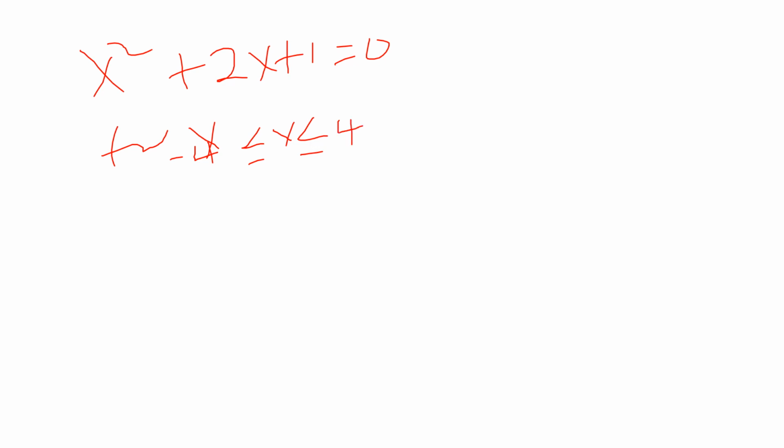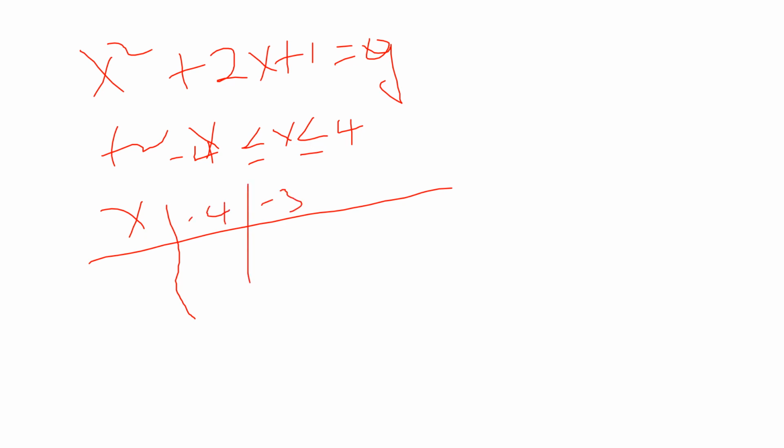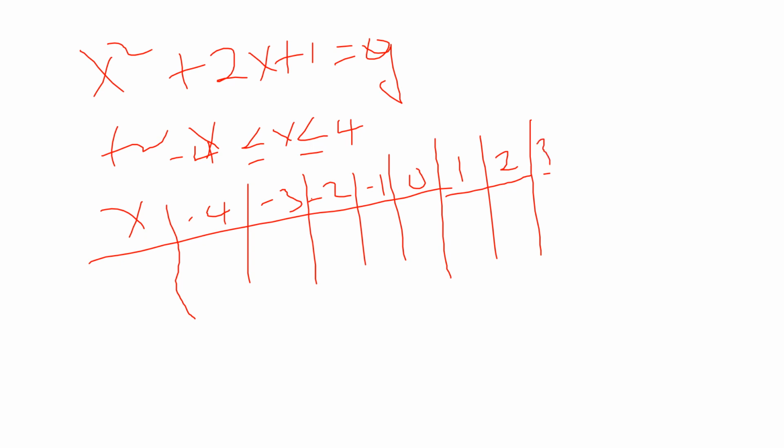So we are going to have a table with the value of x, and y, and here we are going to have negative 4, negative 3, negative 2, negative 1, 0, 1, 2, 3, 4.